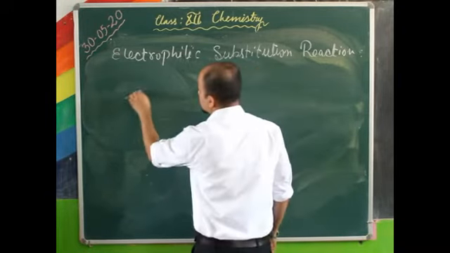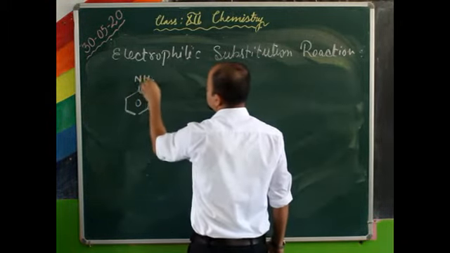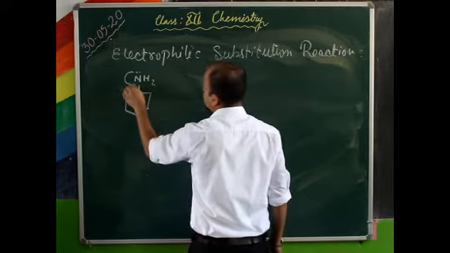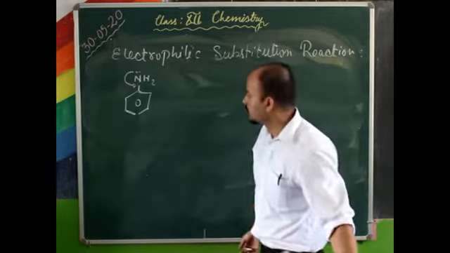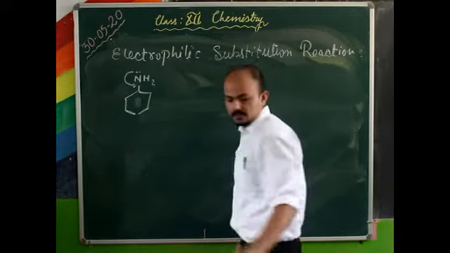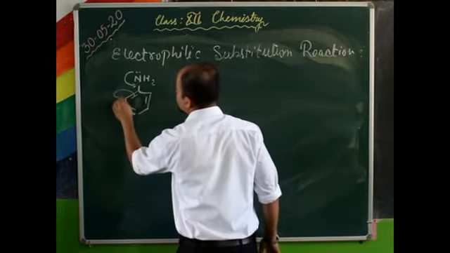Actually here, what you have to know is NH2 is what? It is an electron donating group. So once it donates electrons towards the ring, resonance takes place, and as a result, what will happen?